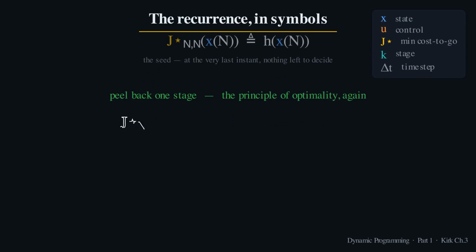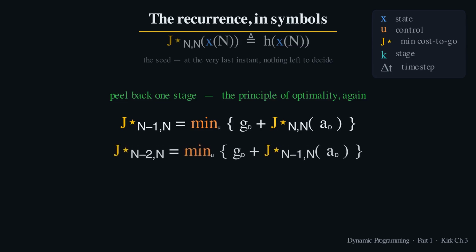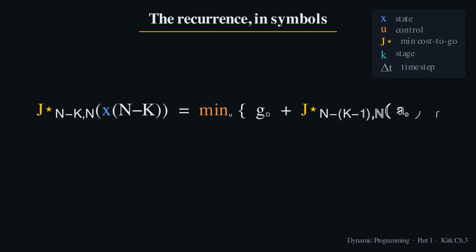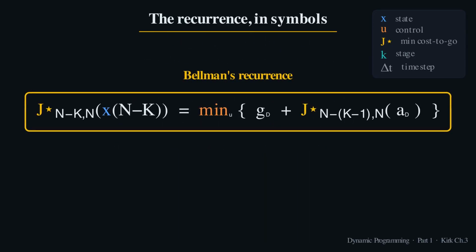The best you can do with one stage remaining is the cost of this step plus the cost to go from wherever this step lands you, minimized over your control. Peel back another stage and another. Each peel is simply the principle of optimality applied again. What you arrive at is the heart of the whole subject.